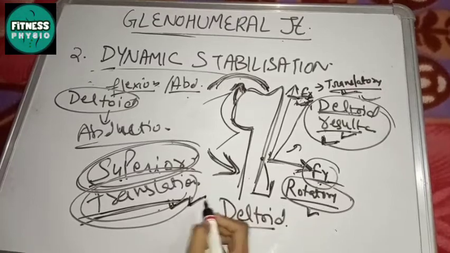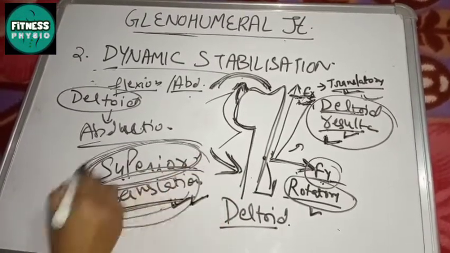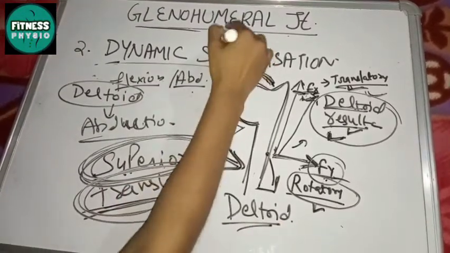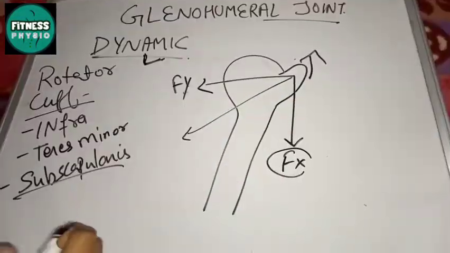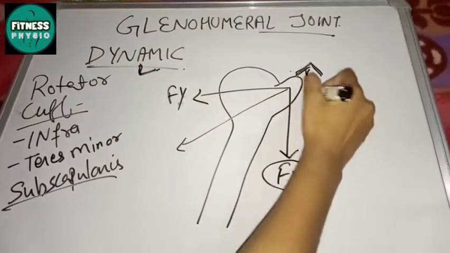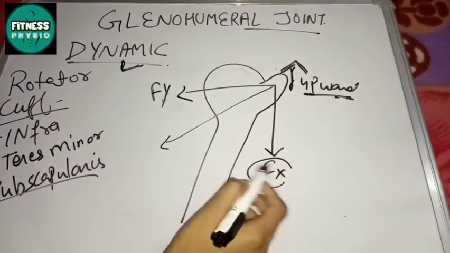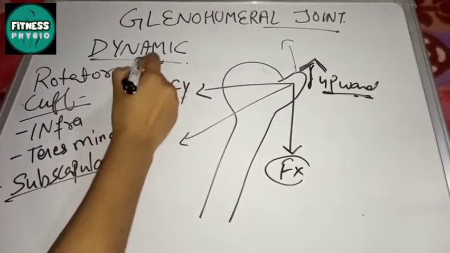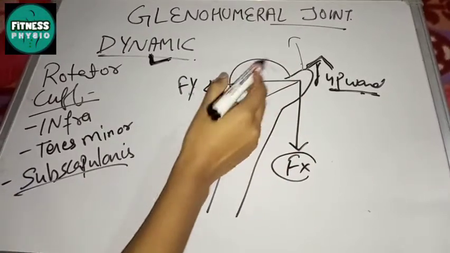Which structure prevents this much superior translation just before completing full abduction? It is the rotator cuff muscles. You have seen that the deltoid muscle creates an upward pull. So fx in the deltoid muscle is in a superior direction, but which muscles oppose this superior translation?